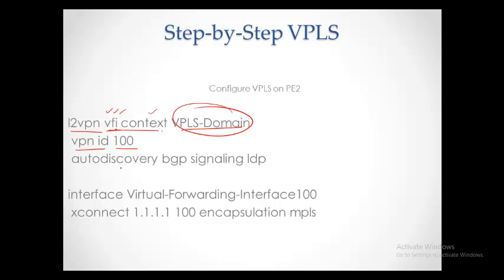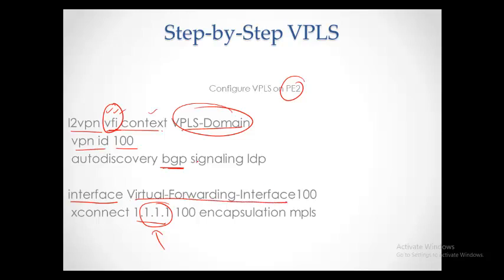See, this is on PE2. We are giving the address of PE1, but it is not under the physical interface. It is under the VFI interface, virtual forwarding instance. We just gave the VPN ID as 100. We go under that interface and say xconnect, the address, 100, encapsulation MPLS.